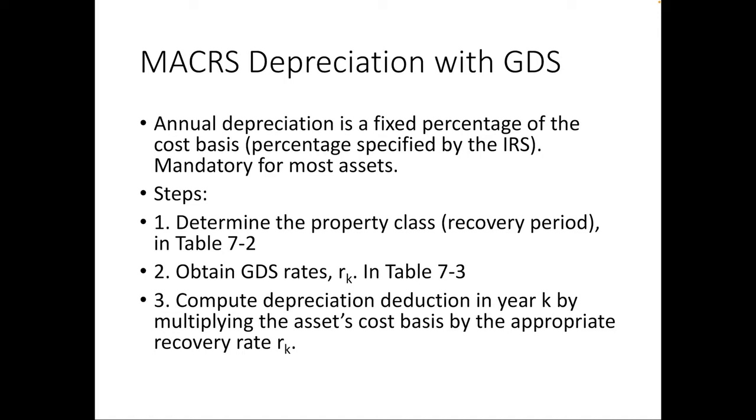Okay, so here are the steps if you want to calculate the depreciation deduction for each year with the MACRS with the GDS. So first, the annual depreciation, the DK, is a fixed percentage of the cost basis, which means for every DK, you only need to use the B, the cost basis, times a fixed rate.